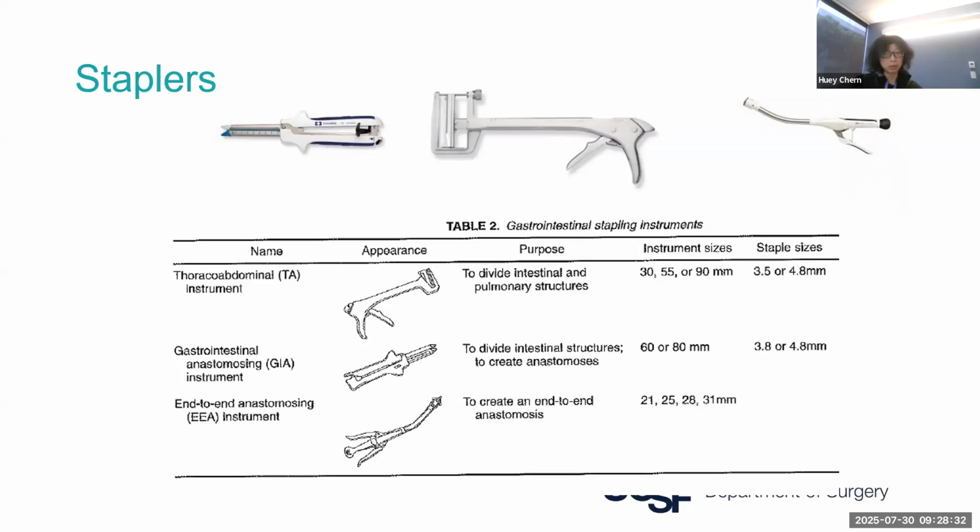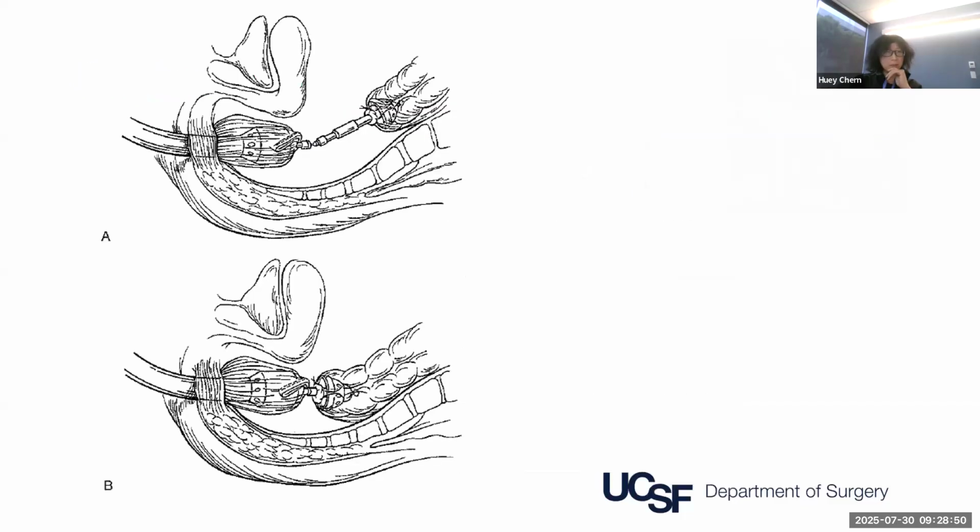These are 3 very common types of staplers that we use: the TA stapler, the GIA, or the EEA stapler. For example, this is how an end-to-end colorectal anastomosis is typically done.